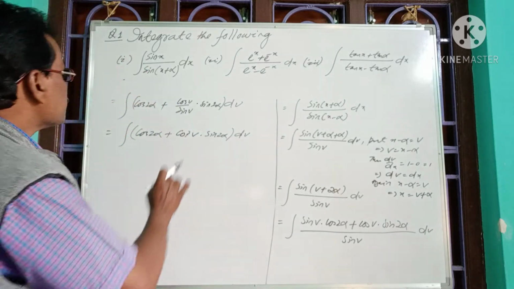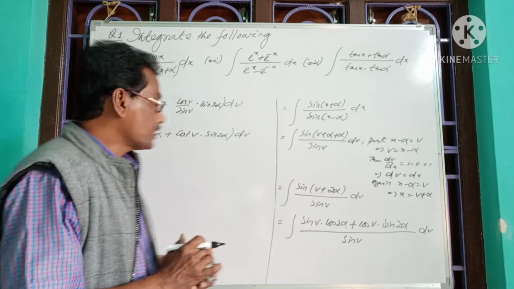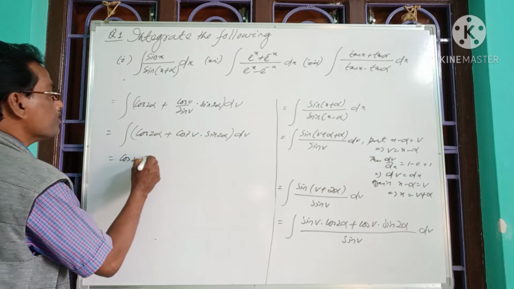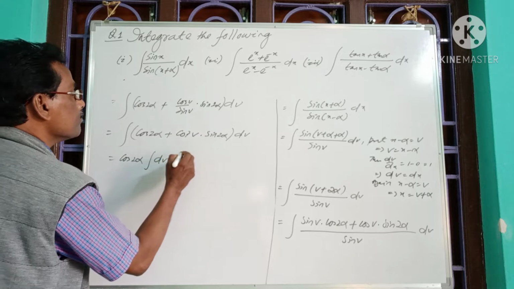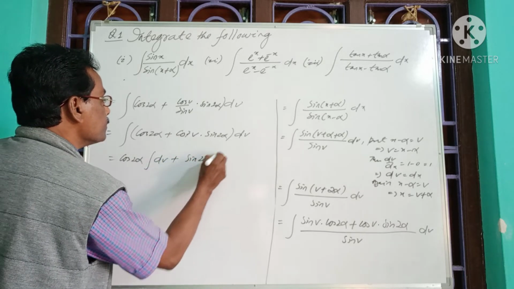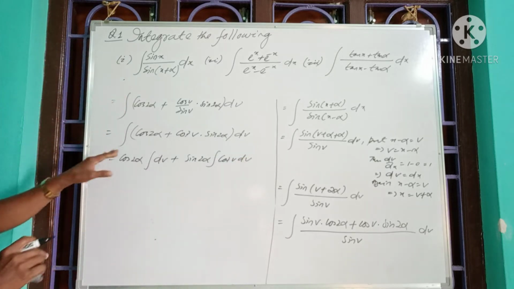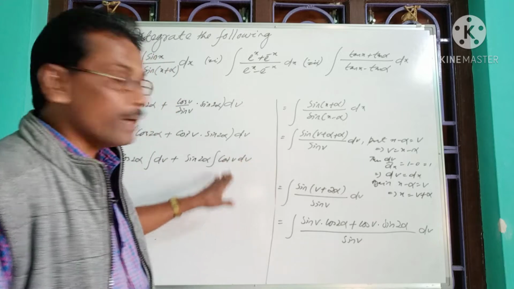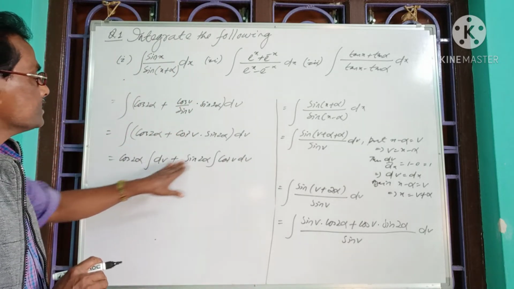So now taking the constants, that is cos 2 alpha and sin 2 alpha, out of the integral, we can write cos of 2 alpha integration with respect to v plus sin of 2 alpha integration of cot v with respect to v. Here cos 2 alpha and sin 2 alpha will be assumed as constants because the variable of integration is v. So now both the functions are easily integrable.